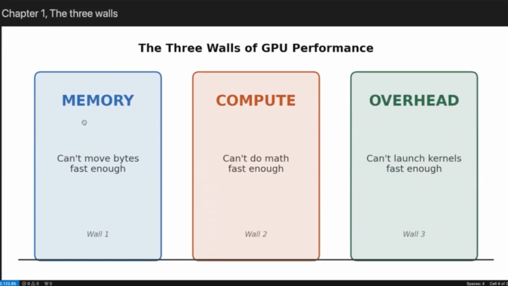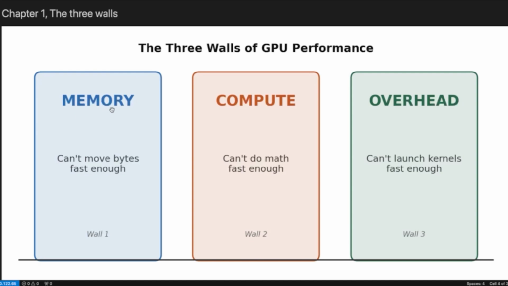So here are the three things. It's very, very simple. There's no more than these three walls of GPU performance that you need to care about. So yeah, very easy to memorize. The first one is memory, which is that the GPU can't move bytes fast enough. The second one is compute, which is that the hardware itself, the GPU, can't do the computations fast enough.